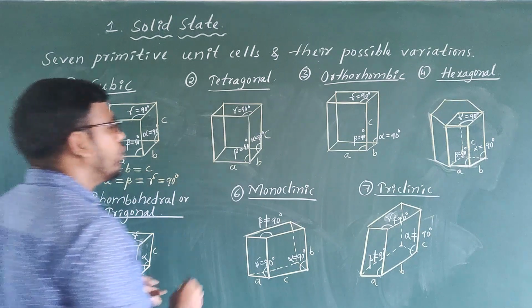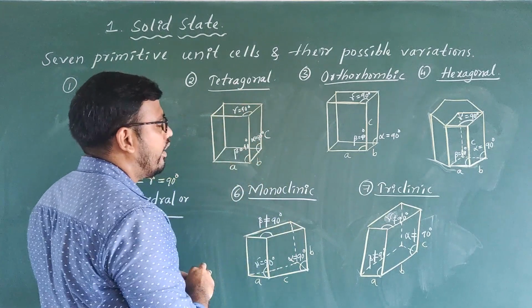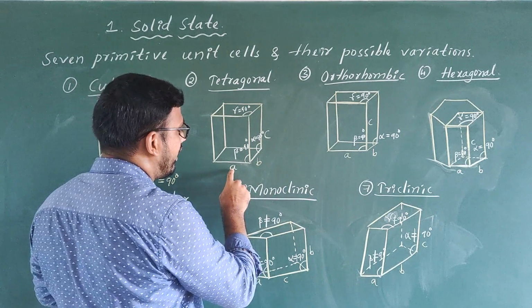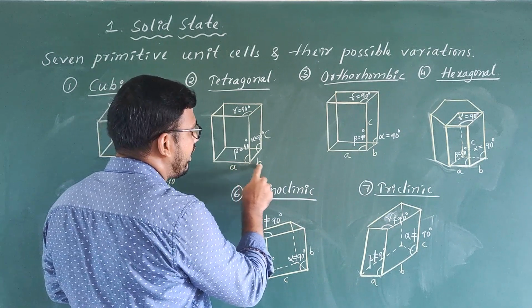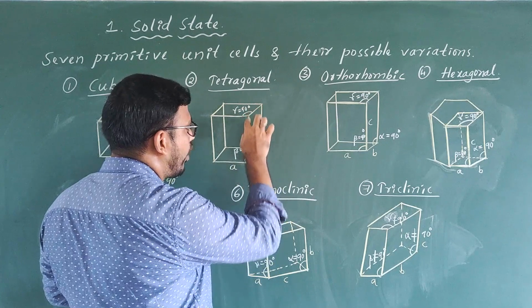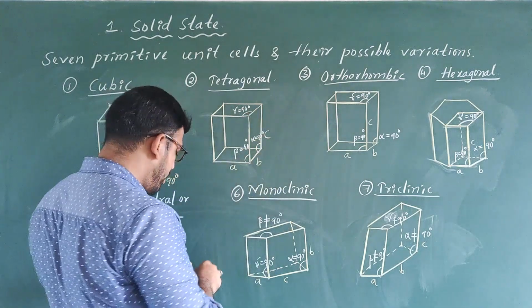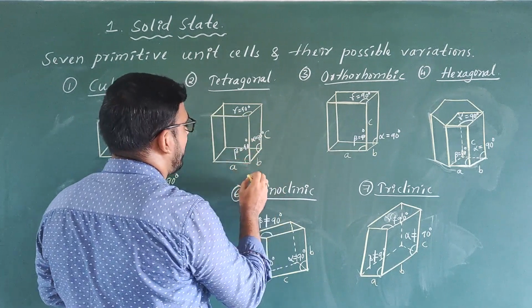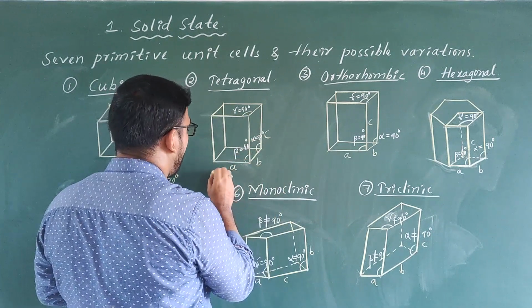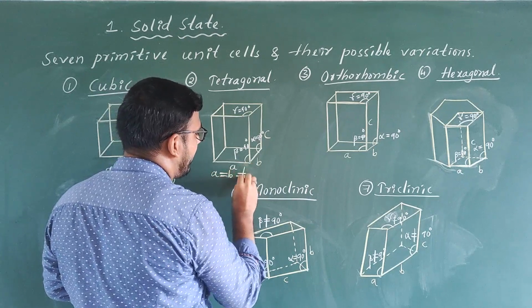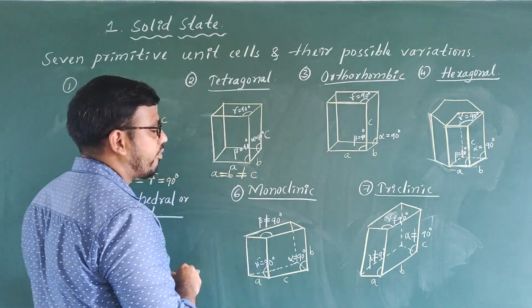Next coming to tetragonal. If you observe here, the edge lengths a and b are equal, whereas the length of c is somewhat larger. So I can write that tetragonal is a crystal system in which a is equal to b, but that is not equal to c.